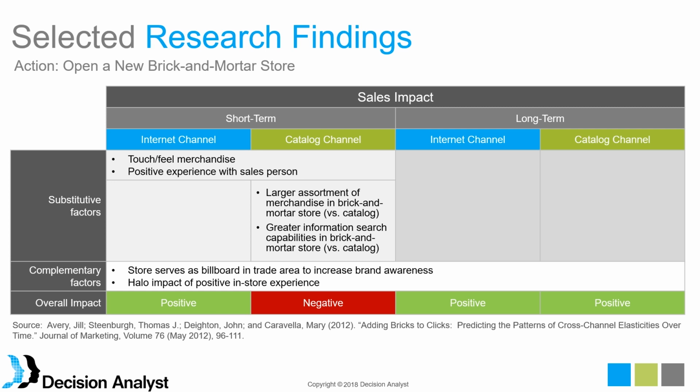And complementary factors, on the bottom row here, are things like someone drives by the store and is reminded about the brand. If they have a positive in-store experience, there could be a halo effect, which could increase sales on the internet or the catalog channel. And so these are things that have a long-term impact, and they found in this article that there was a long-term impact.